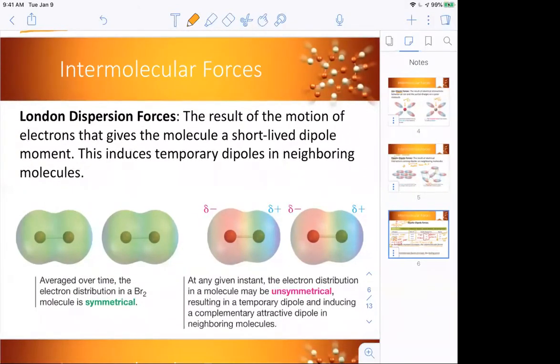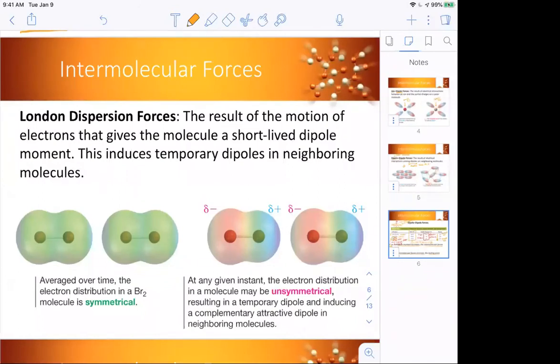Now here, I'm going to talk about London dispersion forces. Typically, my electrons are moving around all over the place in those electron clouds in the atom, right?